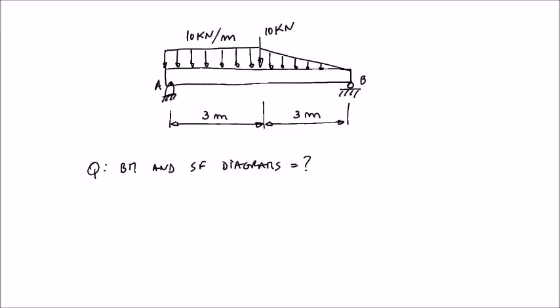Alright, so I'm going to draw the beam here again. So basically I'm going to do the free body diagram. So we have the beam, something like this. I'm going to represent UDL here, and then this triangular distributed load, and I'm going to represent here the concentrated load of 10 kilonewtons.